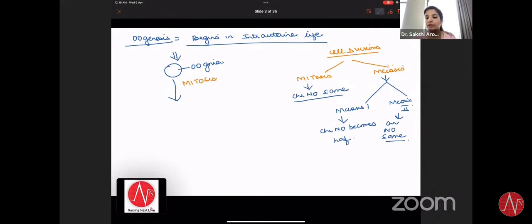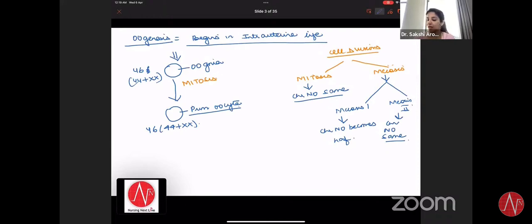So oogonia will undergo mitosis and a primary oocyte will be formed. The chromosome number of oogonia was 46, 44 plus XX. After mitosis, chromosome number remains the same. So the primary oocyte will also be 46, that is 44 plus XX.